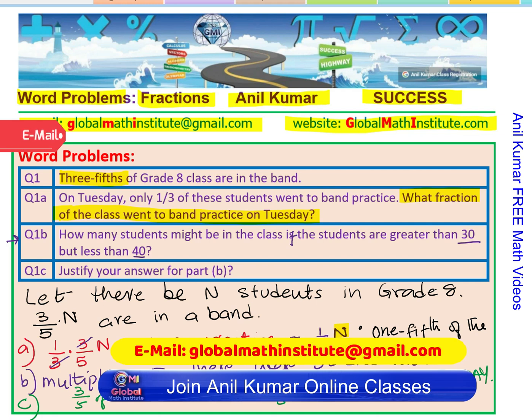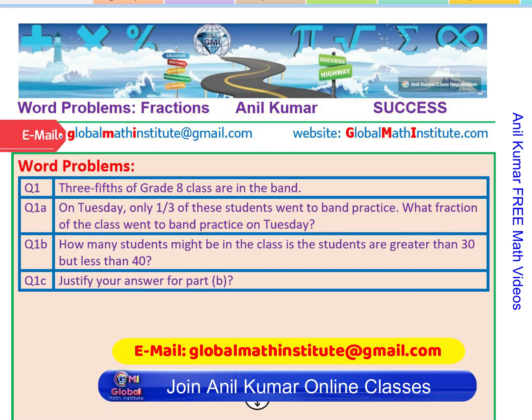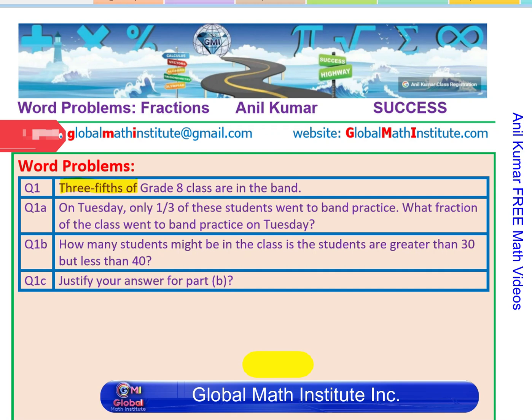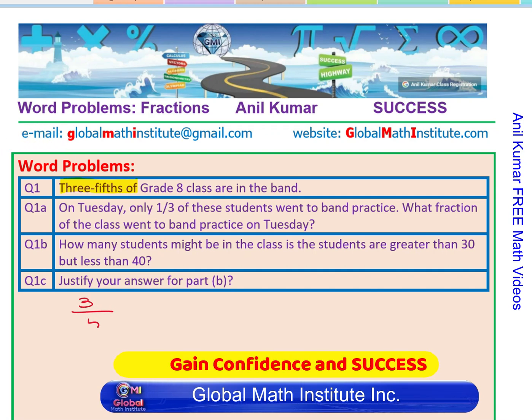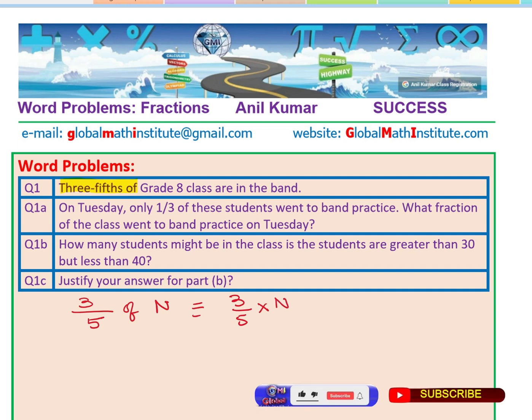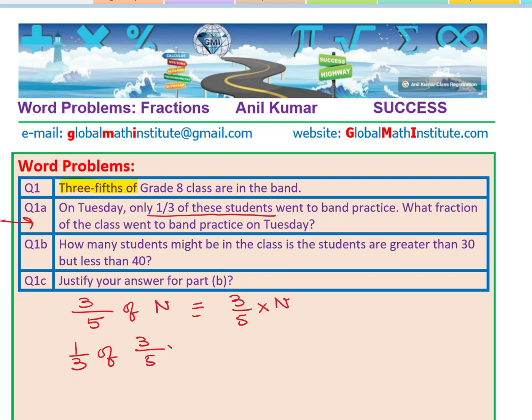So when you read this type of question, let's look into this question once again. The keywords here are 3/5 of. Of means multiplication, right? So 3/5 of n number of students means 3 by 5 times n. Is it okay? And then here it is 1/3 of these. So 1/3 of these means 3/5 times n.